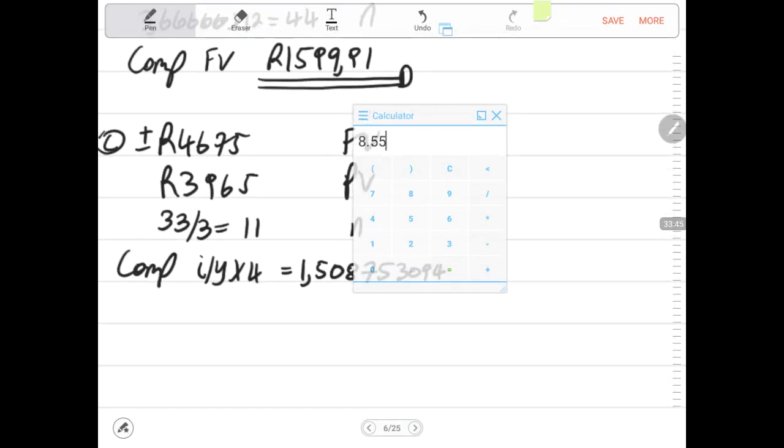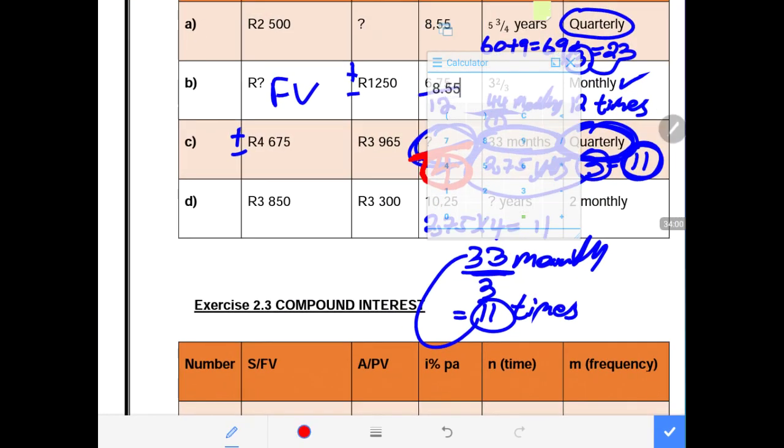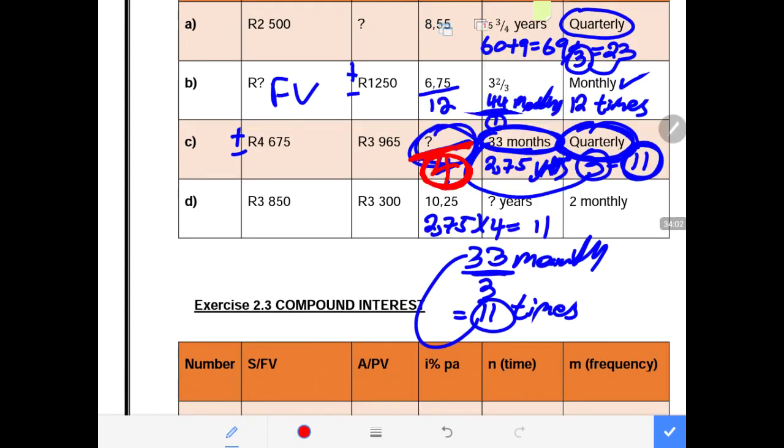Whenever you're calculating interest, you get your interest after it was divided by the number of compounds in a year. In this case, we know that the number of compounds in a year is 4 times. Why am I saying 4 times? Because our interest is compounded quarterly.